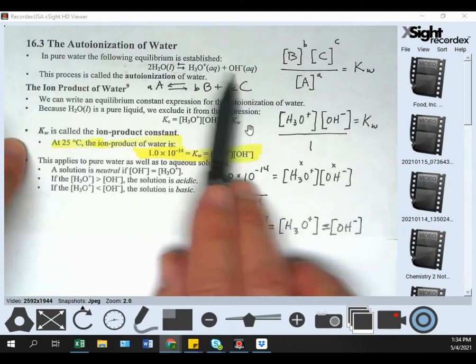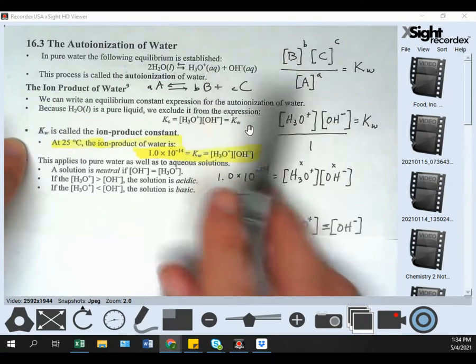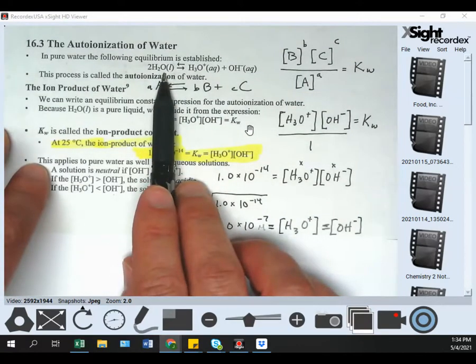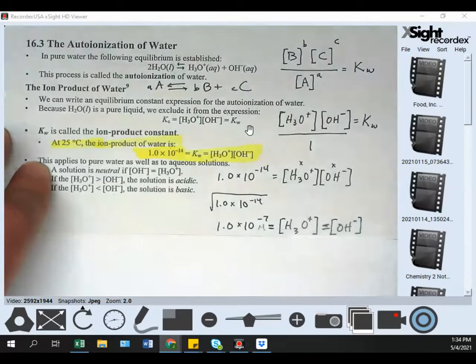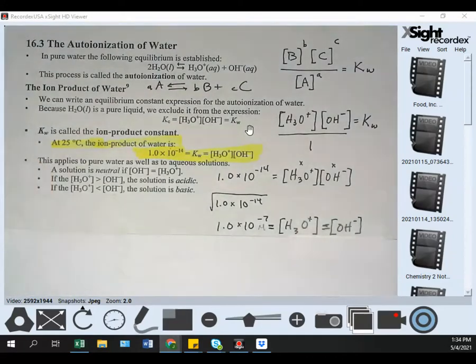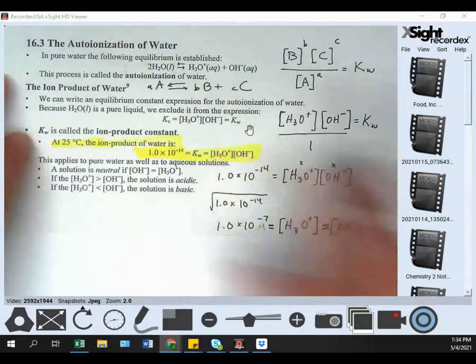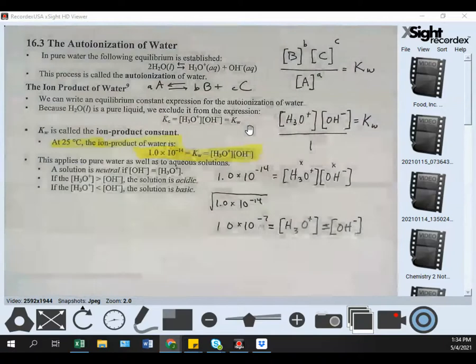If you have equal amounts, they balance each other out and you're neutral, which is what pure water is. Think about atoms: we talked about electrons and protons, and if they balance out, it's neutral, there's no charge. That's kind of like this. You could have hydronium and hydroxide, but if you have equal amounts of each, then it's balanced and neutral. Does that help a little?